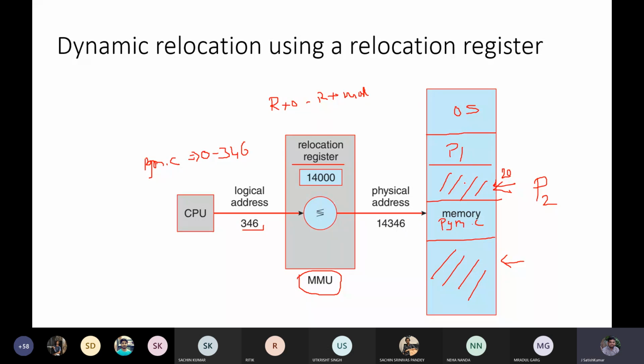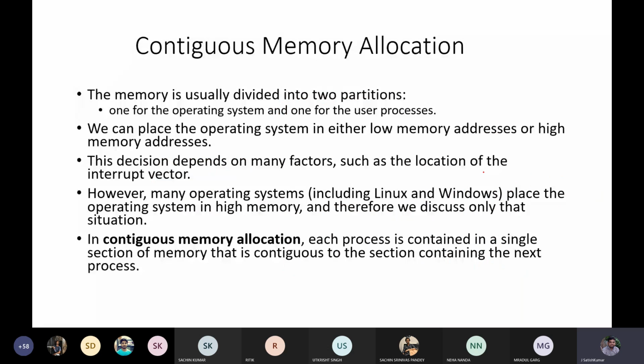If the program requires 30 bytes, then it cannot be allotted here, because the space is not sufficient. It has to be allotted here. Suppose it is 10 bytes, it can be allotted here. So there are various issues. How an operating system decides at which memory location a program should be given memory space is also an important issue.